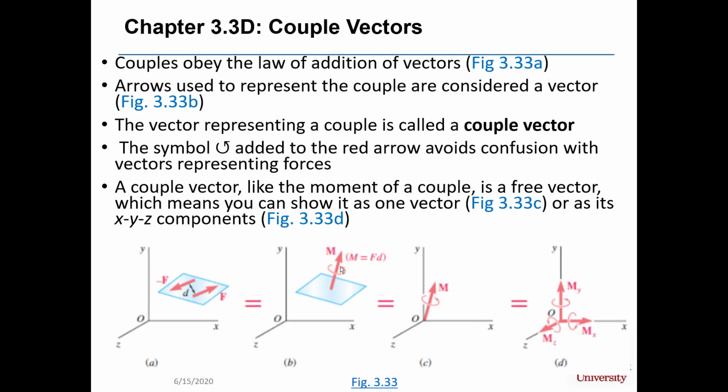A couple vector, like the moment of a couple, is a free vector, which means you can show it as its own vector M with the little counterclockwise arrow around it, as shown in figure 3.33c, or you can go to figure 3.33d and you can resolve it into Mx, My, and Mz, where each of these vectors is its own couple vector, respectively located on the x-axis, the y-axis, and the z-axis.